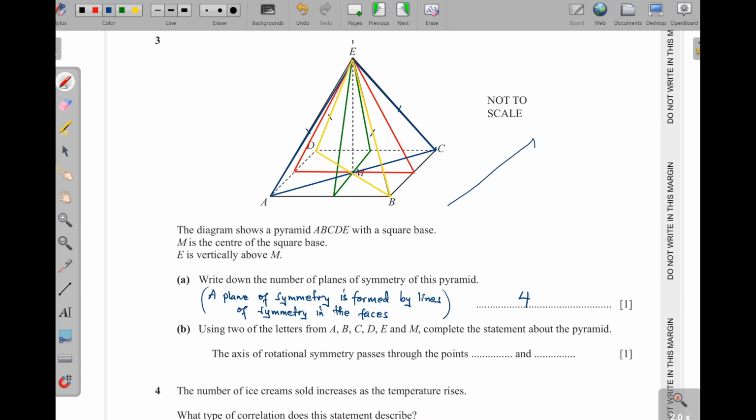Okay, something like that. So when you are rotating, it is forming something like that. You see? So it has to pass through this sharp end here and then the center. This is our center and then this one. So that's why I'm drawing a line like this. You see that? Such that you can be in position to get the axis of rotation. So therefore, it has to pass through E and M.